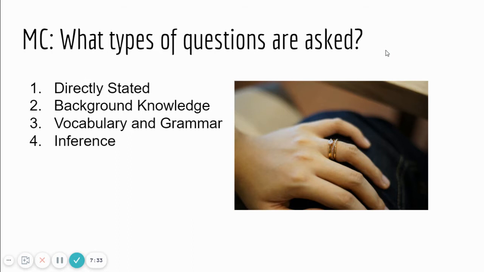Another type of question that they ask, and this can be hard depending on how confident you are in your language, is called background knowledge. This is where they might ask for the definition of a word, or they might ask for an understanding of a particular concept.